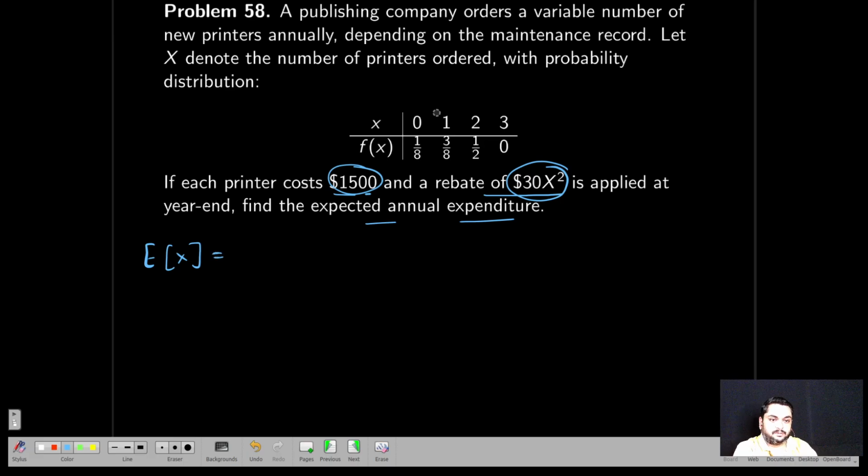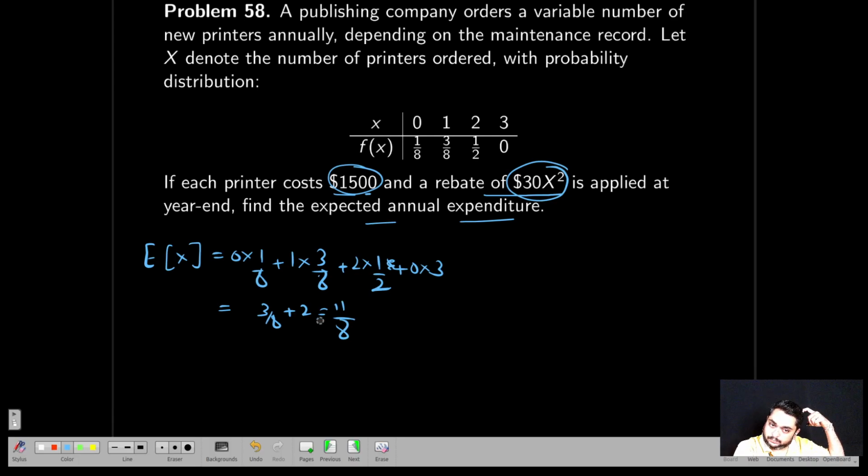E of X is equal to, they have given 0 into 1 by 8 plus 1 into 3 by 8 plus 2 into 1 by 2. So this will be 3 by 8 plus 1. This comes out to be 11 by 8.